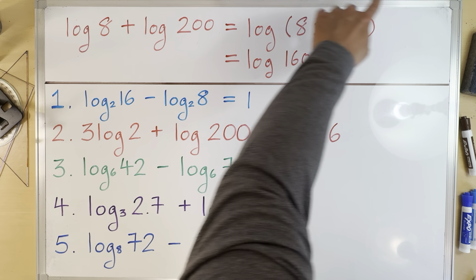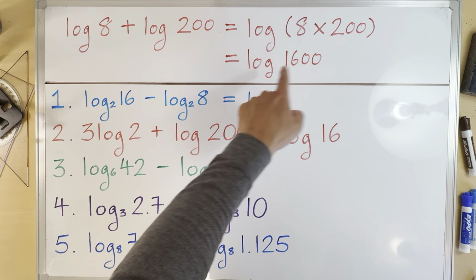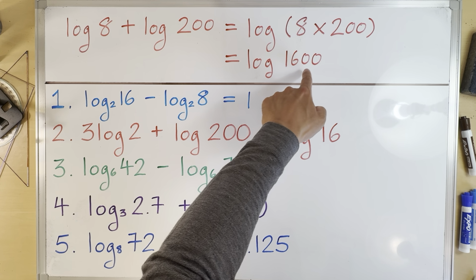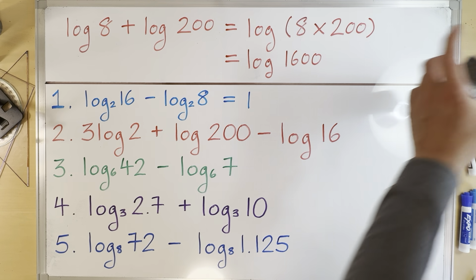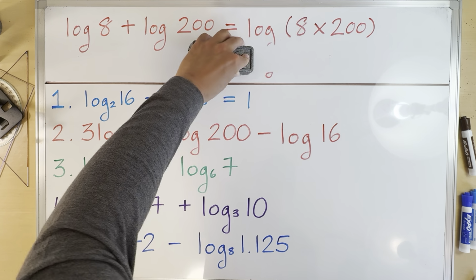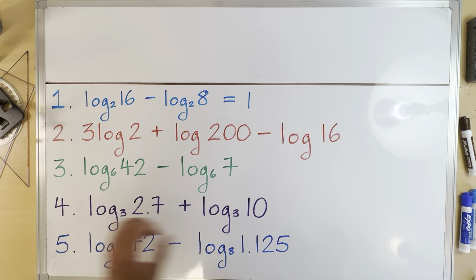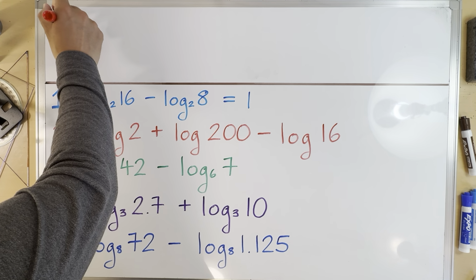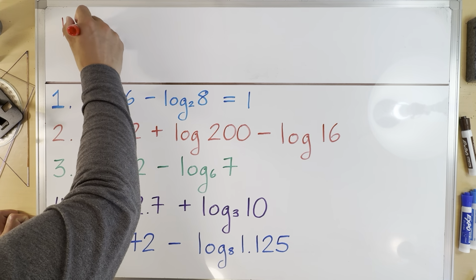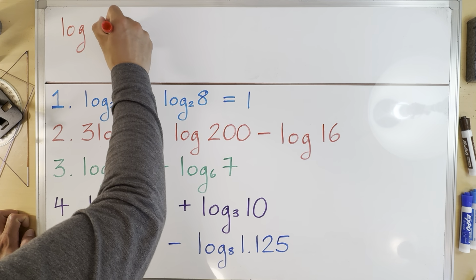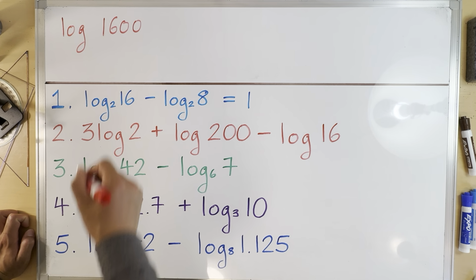Now I'm going to erase all of this and just write log base 10 of 1,600.